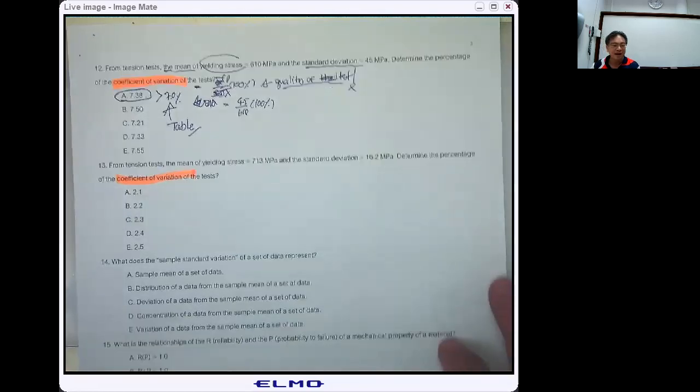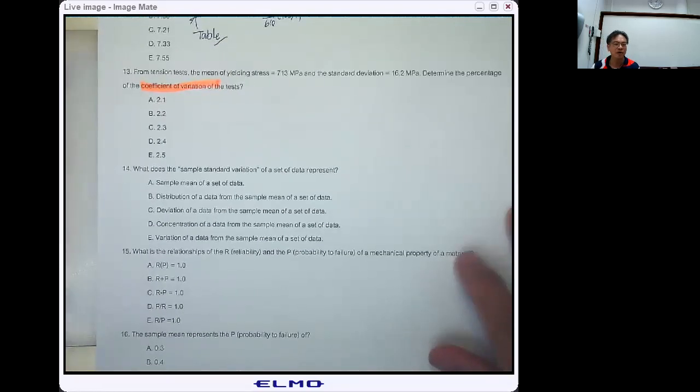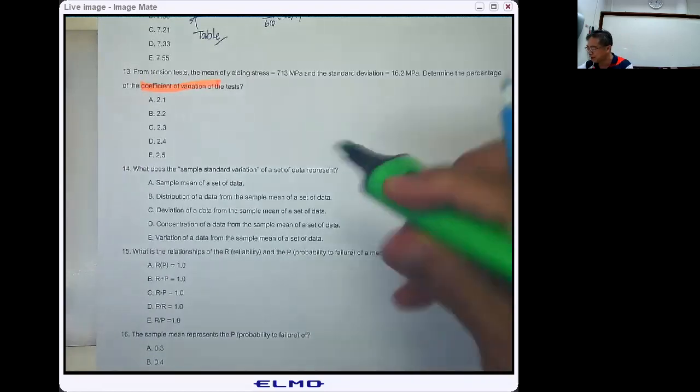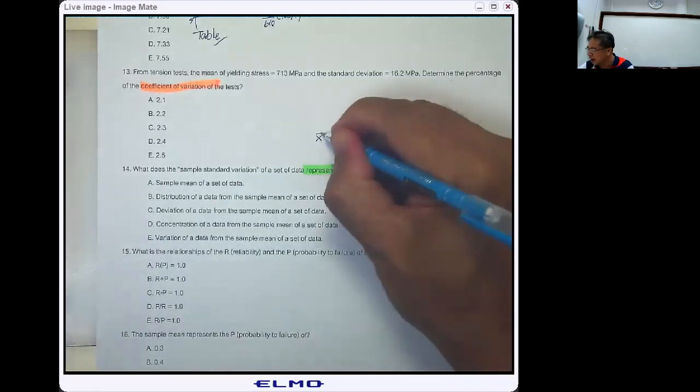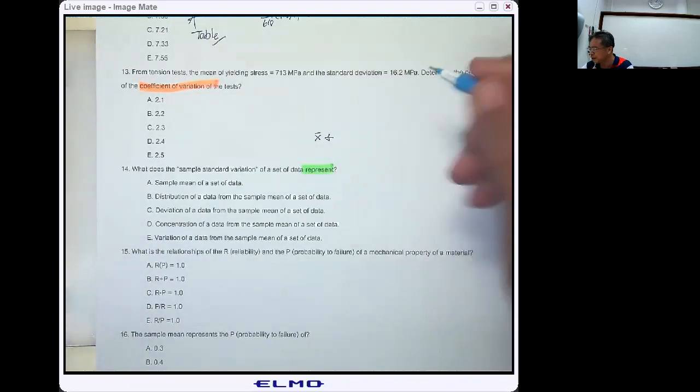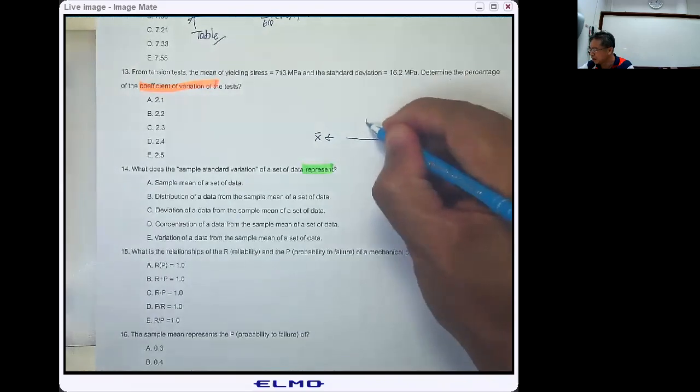And then on problem 14, this just asks you, what does the sample standard deviation of a set of data represent? Okay, let me say for the mean, the x bar represents what? X bar represents the average, the center of the data.